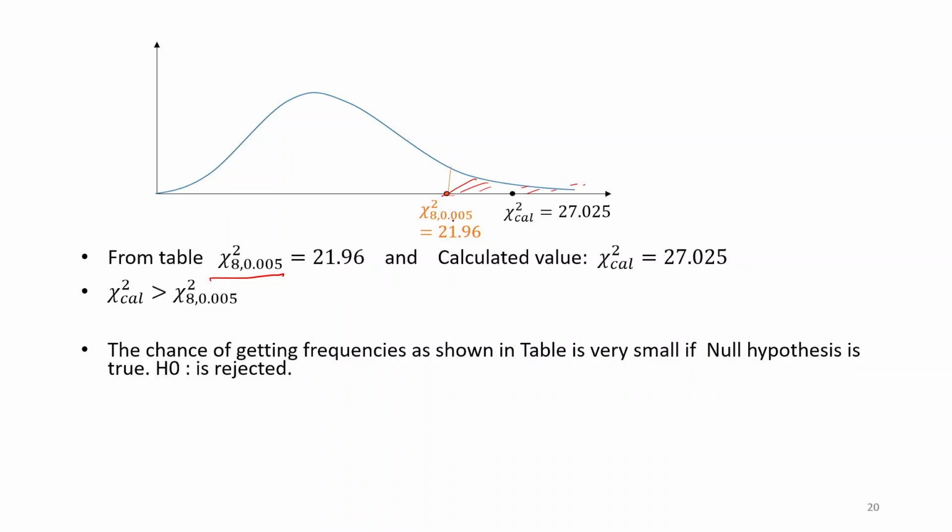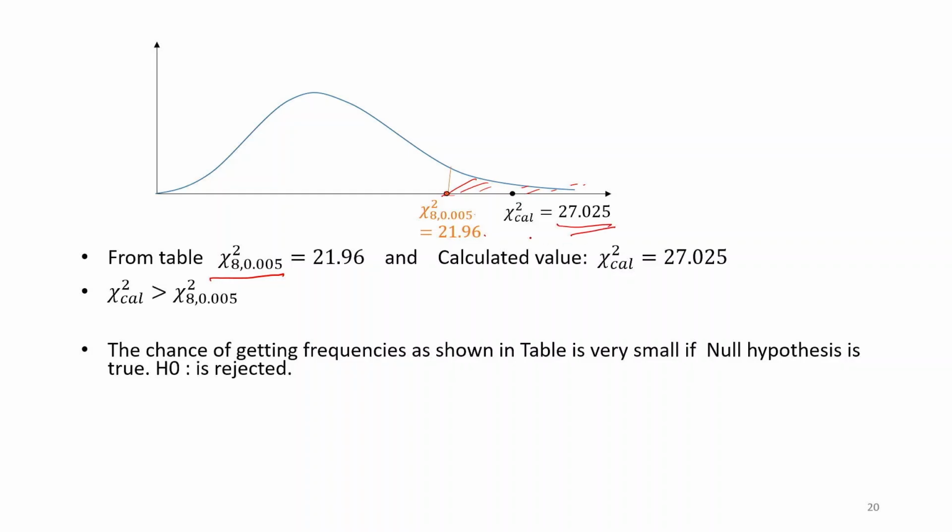This is 0.005. For the chi-square curve, if we take this value 0.005 and degrees of freedom 8, we get a value which is 21.96, which is quoted in the table. This value, and our calculated value is 27.025.